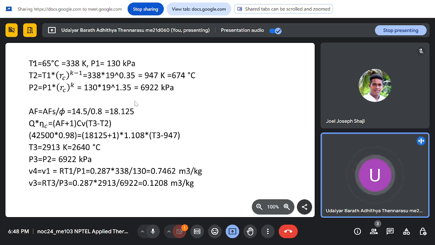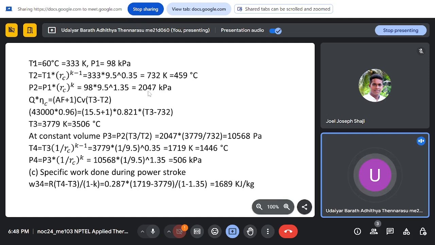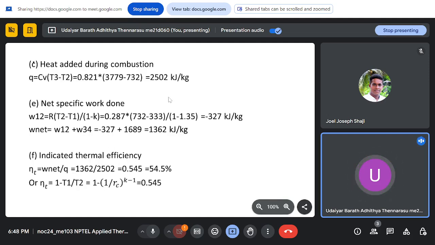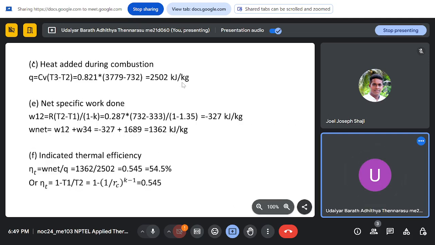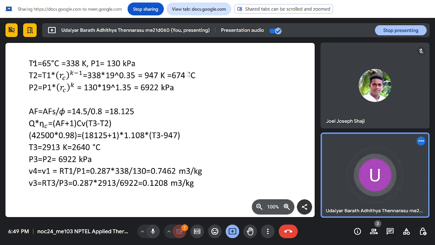Here I will show a comparison. Pressure after compression is 6922 kilopascal. In the previous case it was 2047 kilopascal, so the diesel cycle is 3 times more. It's all because of the compression ratio. Also the temperature is 674 degrees Celsius, and there it was 459 degrees Celsius. This temperature is more than the ignition point temperature required for the fuel, so this is what will ignite the fuel.